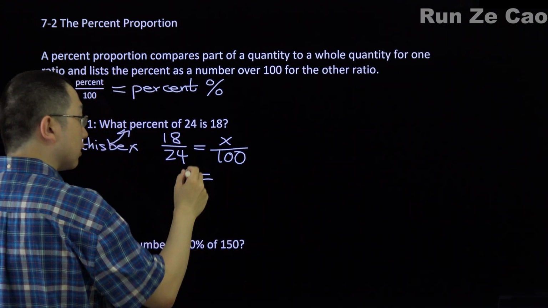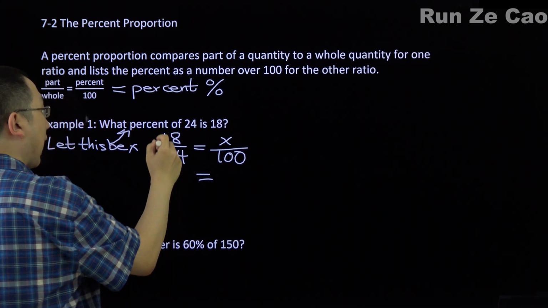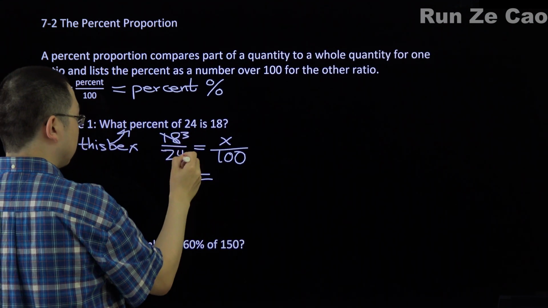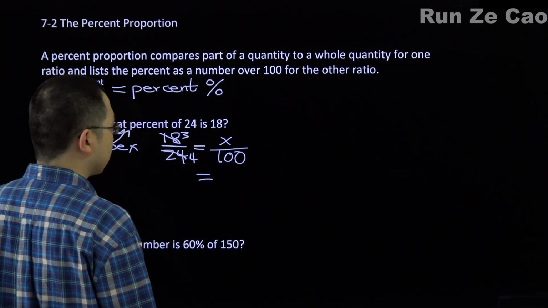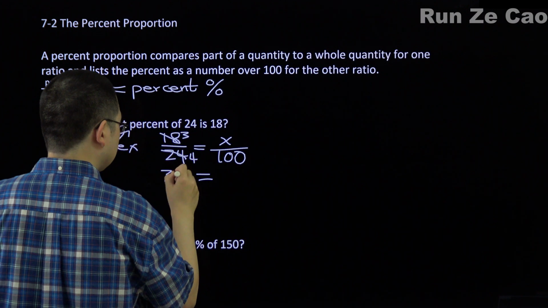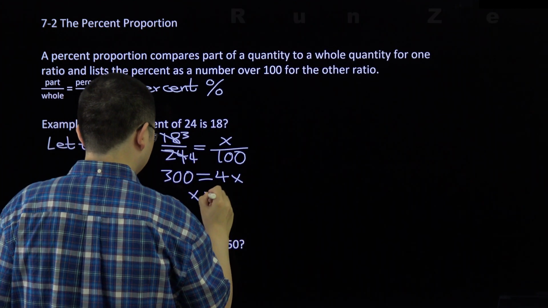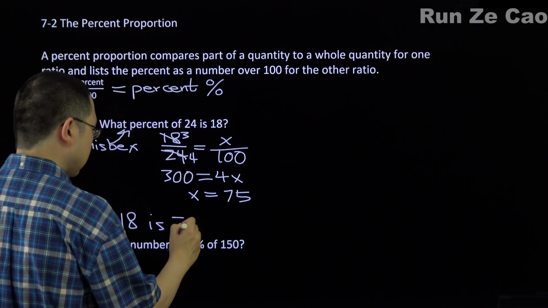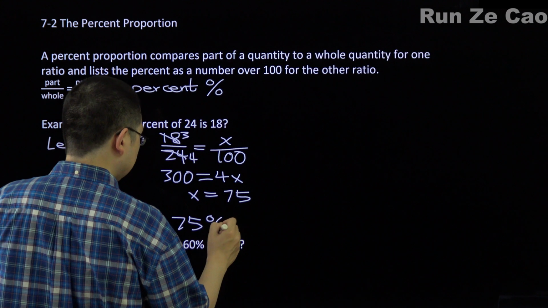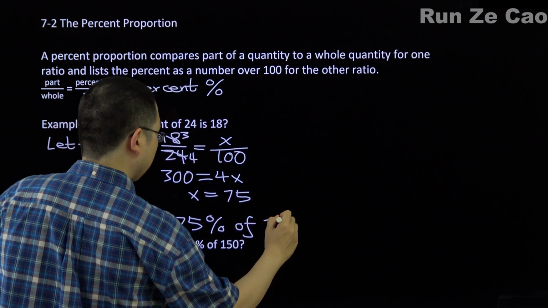All right, then we cross multiply, do we? Actually, we can do some canceling first. So 3 over 4 is equal to x over 100. 300 is equal to 4x. X is therefore equal to 75. 18 is 75% of 24.